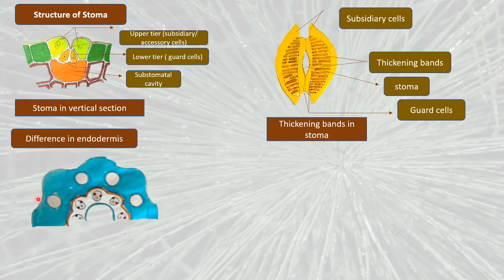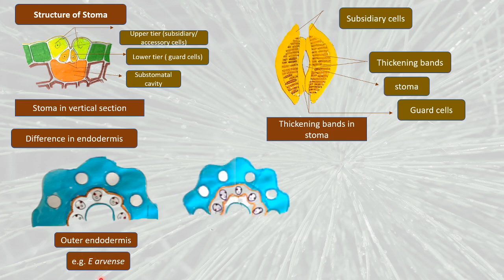These are the grooves, these are the ridges, this is the cortex region, this is the vallicular canal, and this is the endodermis. So in this figure you can see that there is only one outer endodermal layer present. So there is only one outer endodermis. An example of this species is Equisetum arvense.